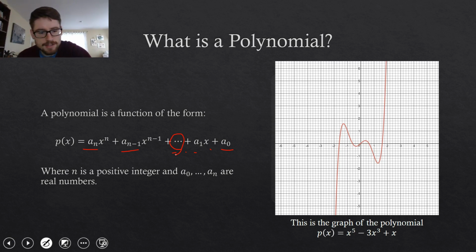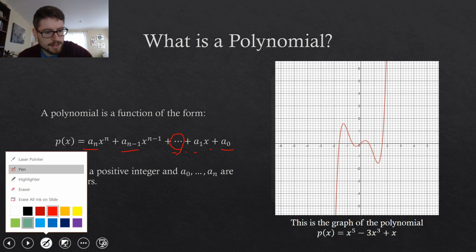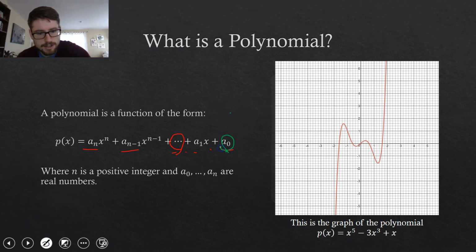Each of these, I'll just highlight this, is called a term. So you can have as many terms as you want, up to some finite number. So n is kind of like the upper limit; that's the biggest power we're going to get.